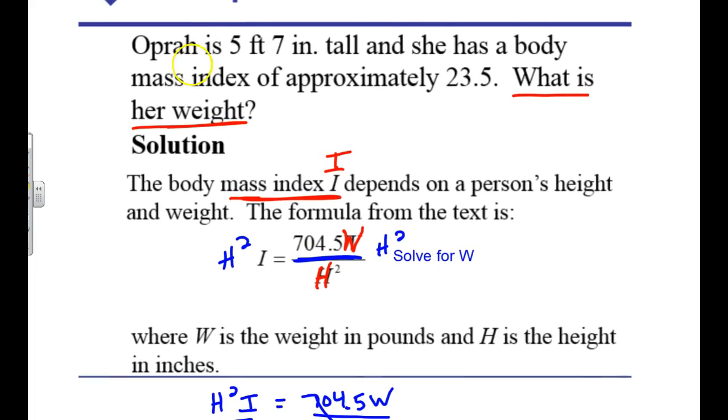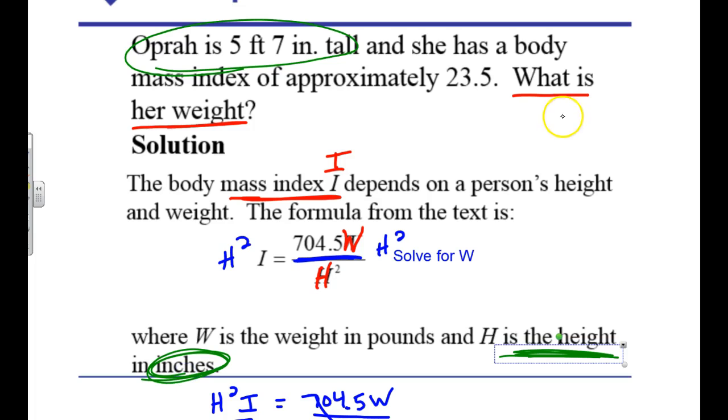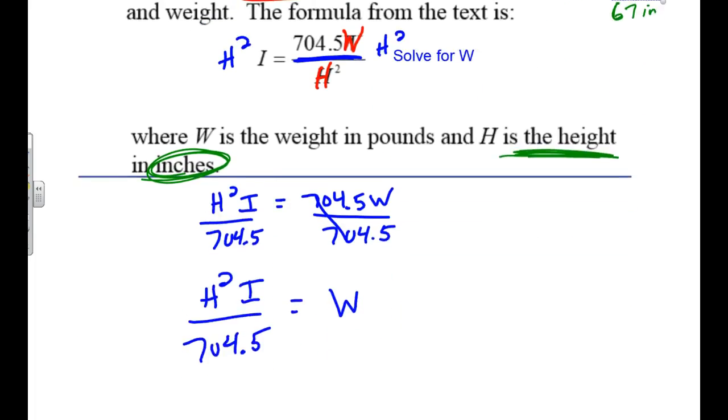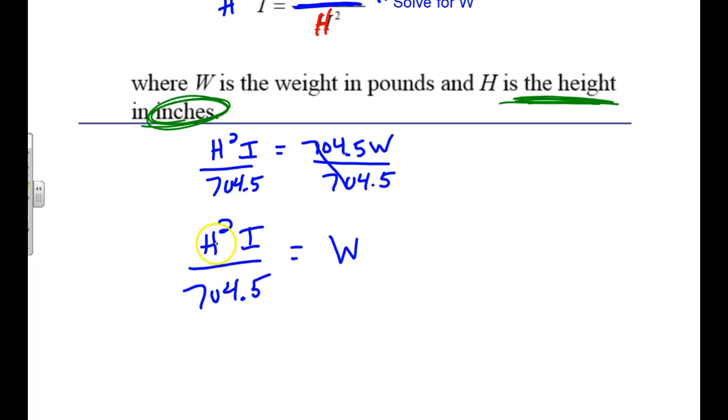So if we finish this up and plug in some numbers that were given, let's see, what's given here? It's given that she's 5 feet 7 inches, but be careful, the height in this formula has to be converted to inches. So let's see, 5 feet, if I multiply that by 12, I'll get 60 inches, plus the other 7 inches gives me a total of 67 inches. So I can plug in for her height right here.